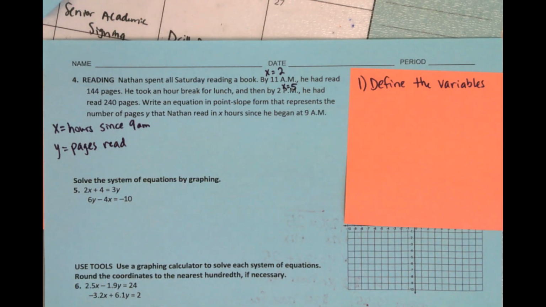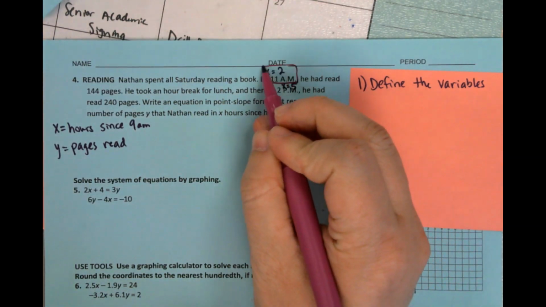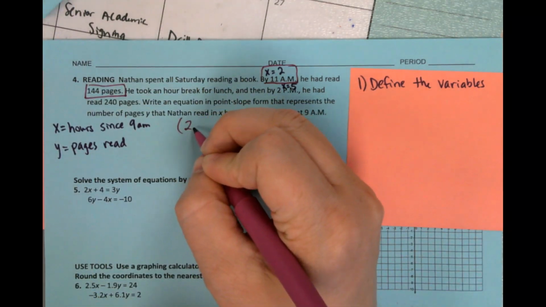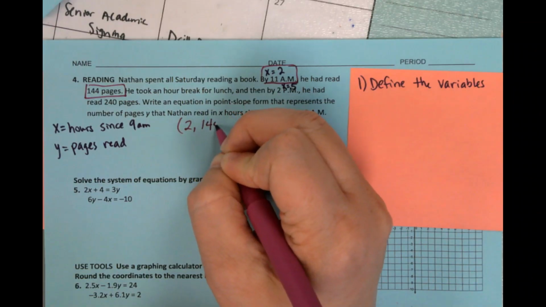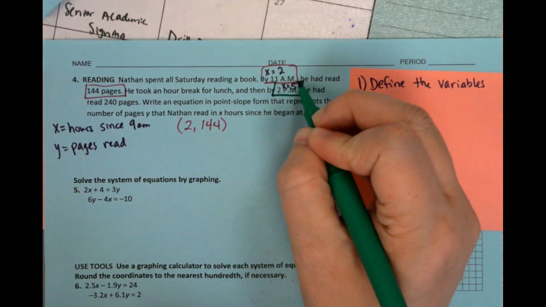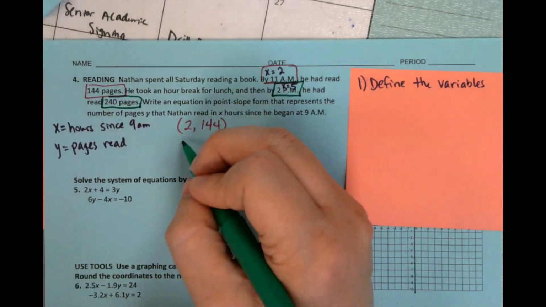All right, again, they give us 2 points. We have 11 a.m., in other words, x equals 2. He had read 144 pages. So that means we have the point (2, 144). And then by 2 p.m., which is 5 hours after he started, he had read 240 pages.